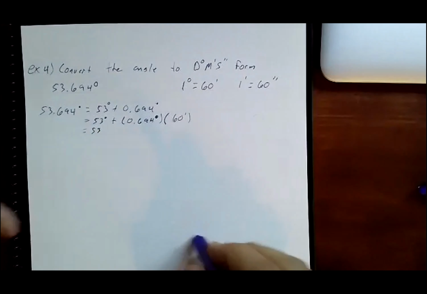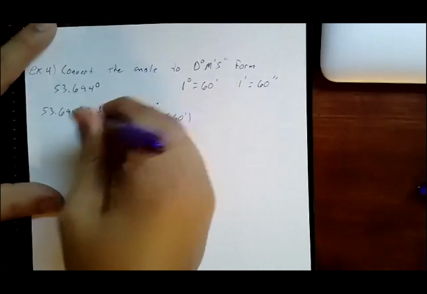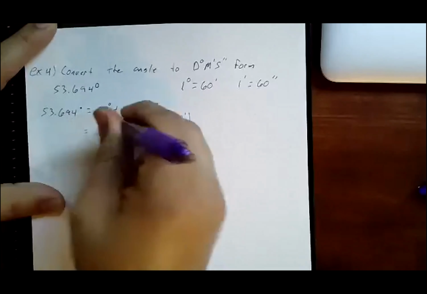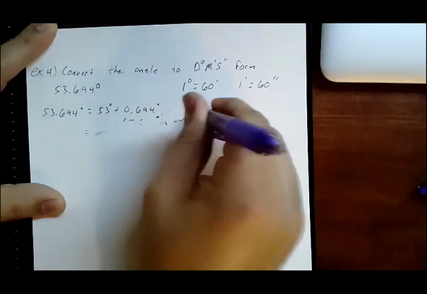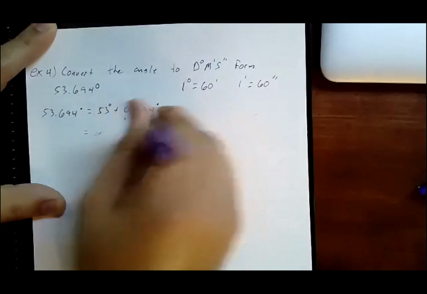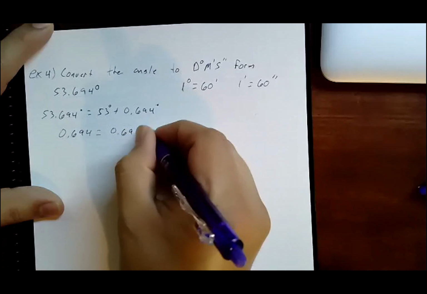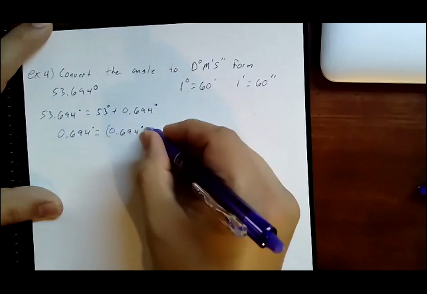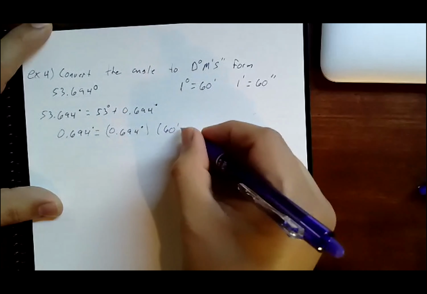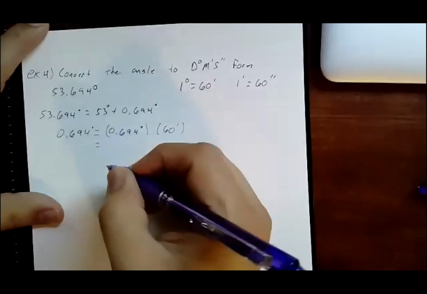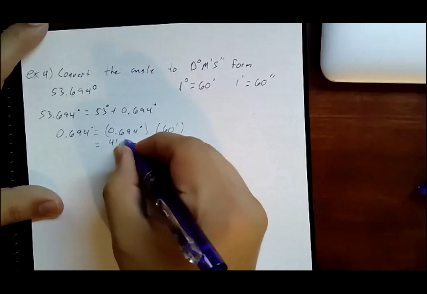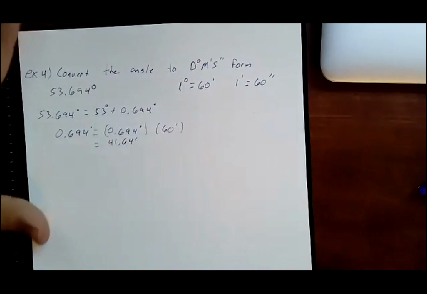I think that'll make more sense if I write it this way. Hold on a second. So I'm just going to focus on the decimal point. I'm not going to write that 53 over and over again. So 0.694 is equal to 0.694 times 60 minutes, which we said is 41.64 minutes.